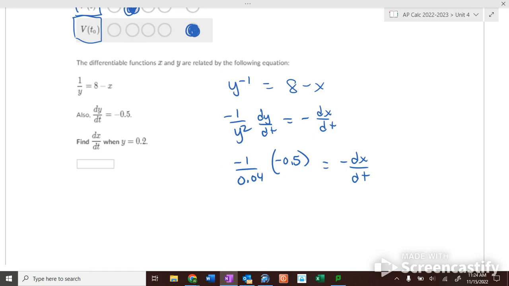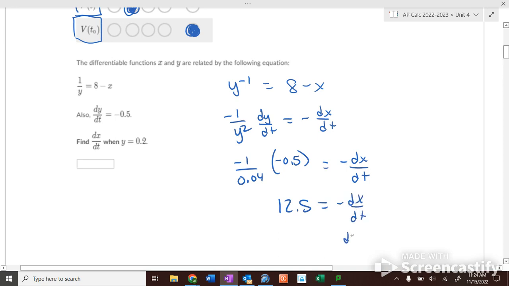Somebody, calculator. 0.5 divided by 0.04. 12.5 works. So 12.5 equals negative dx/dt. So dx/dt equals negative 12.5.